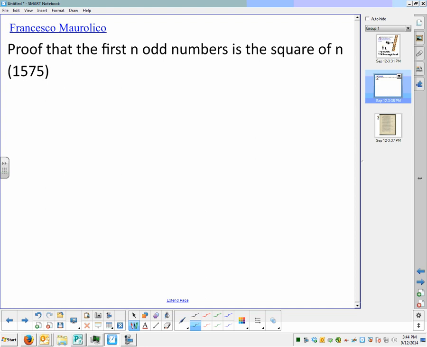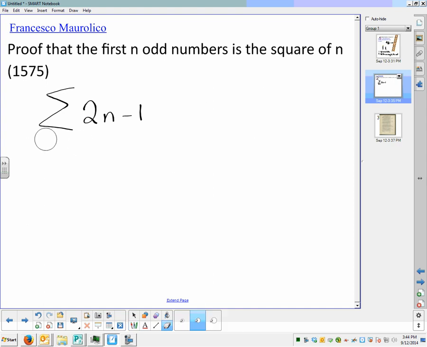So an odd number will be given by 2n minus 1. That'll give me the odd numbers. First odd number, 2 times 1 minus 1 is 1. Next odd number, 2 times 2 minus 1 is 3, and so on. So they're the odd numbers, so we're going to add them up, from 1 to whatever I like.